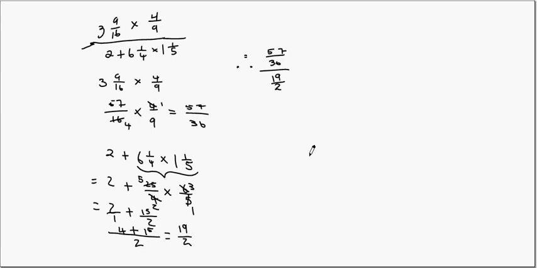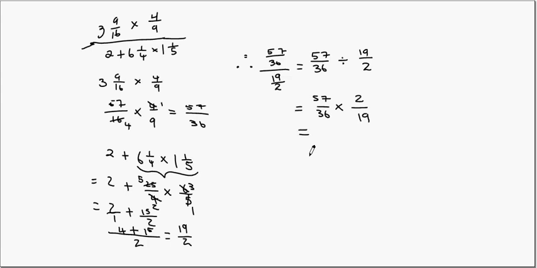So this is really equivalent to 57 over 36 divided by 19 over 2. That will be equal to 57 over 36 multiplied now by the inverse of 19 over 2, which is 2 over 19.